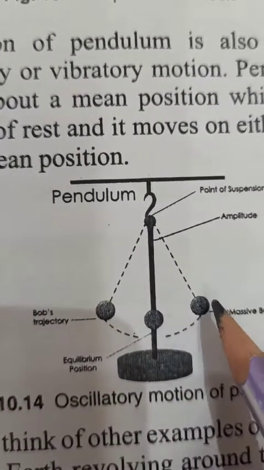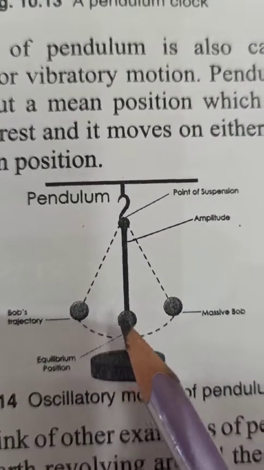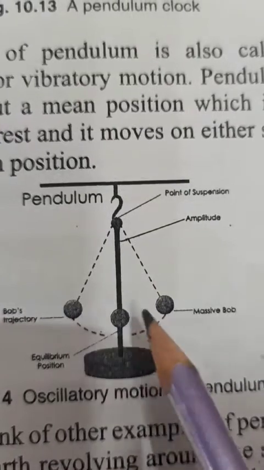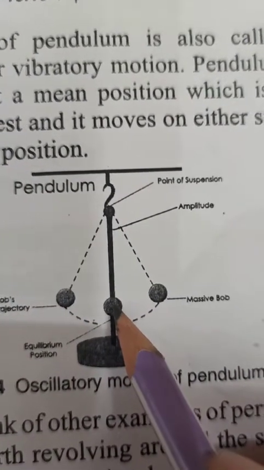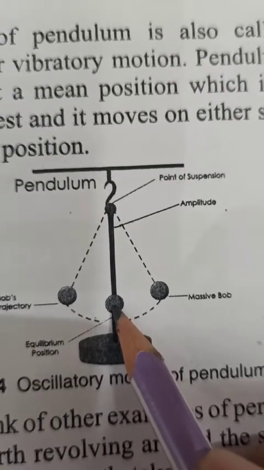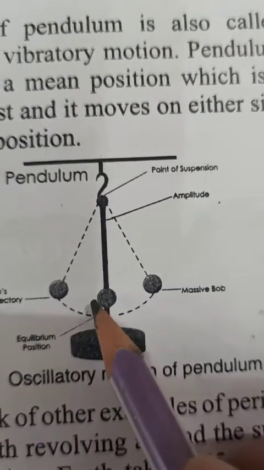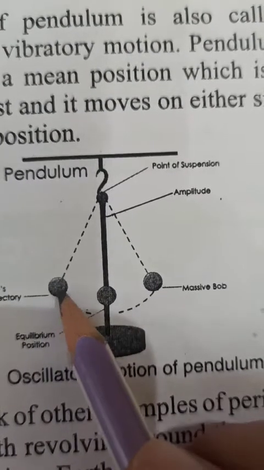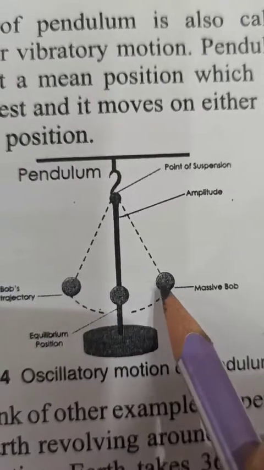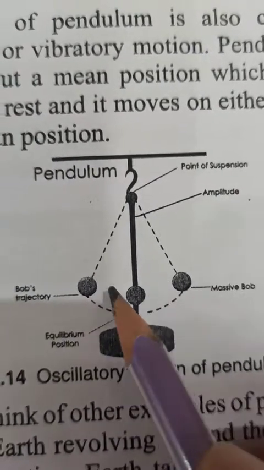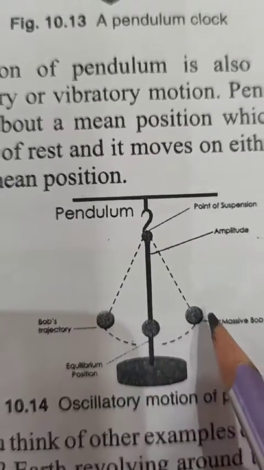So when this ball moves from here to here to here, you can calculate its distance from the center. Means from the center its distance towards right and towards left becomes the same. Okay, so that's why we can say that this kind of motion is called periodic motion.